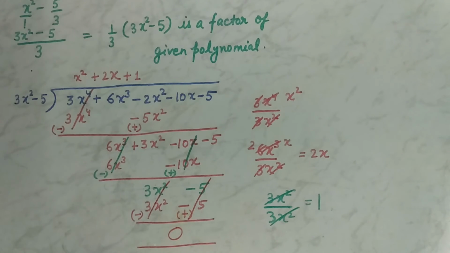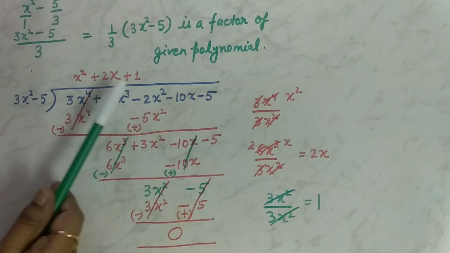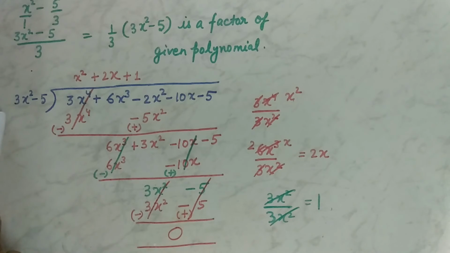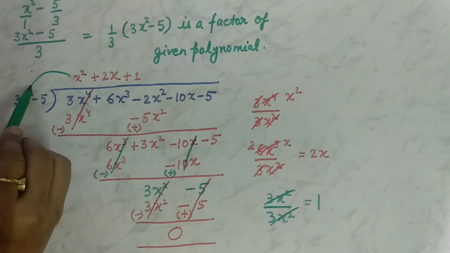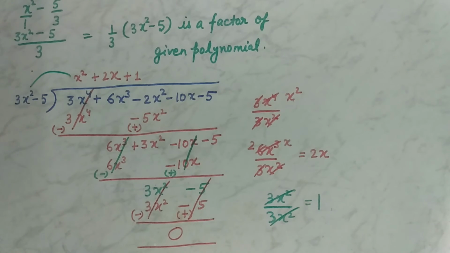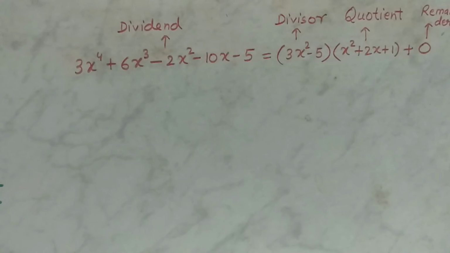So my remainder is 0. My quotient is x square plus 2x plus 1, and the divisor was 3x square minus 5. So by the division algorithm, the dividend will be equal to the multiplication of this quotient and divisor plus remainder. Okay, so I will apply the division algorithm.